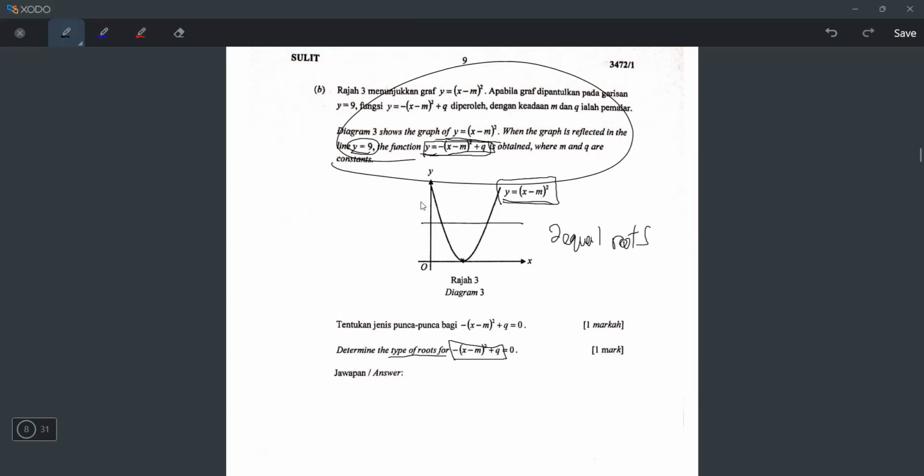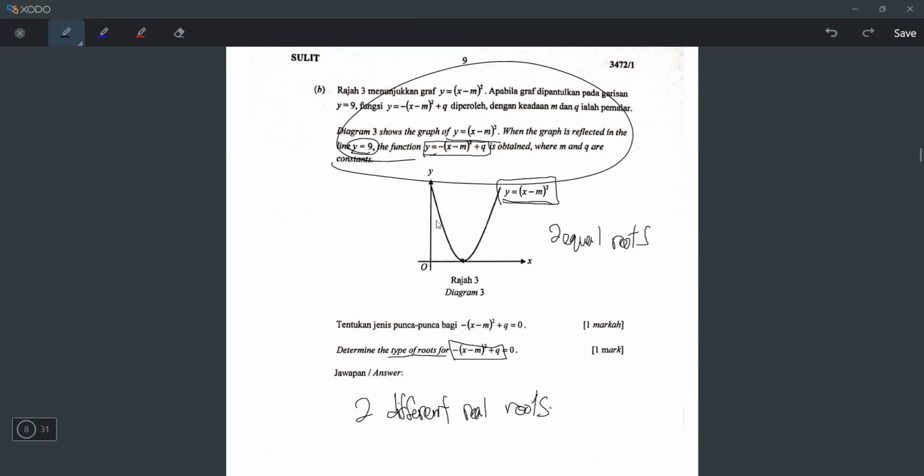Actually, it doesn't matter, because the moment I flip this graph over, I automatically will get two roots. So the answer is two different real roots. I'll explain in more detail.